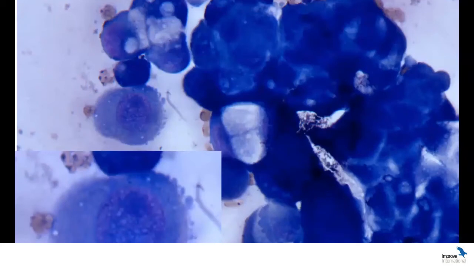We also have different numbers and different sizes of vacuoles in these cells, including those large coalescing vacuoles that are pushing the nucleus of the cell to the side, and they're called signet ring cells. These are typically associated with neoplasms of epithelial or mesothelial origin, because this is a body cavity fluid, so carcinomas or mesotheliomas.